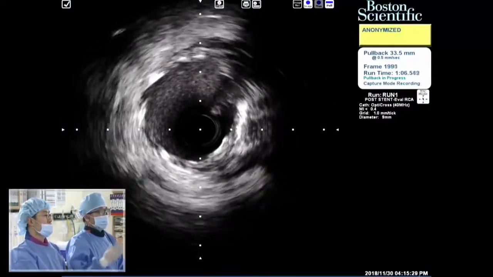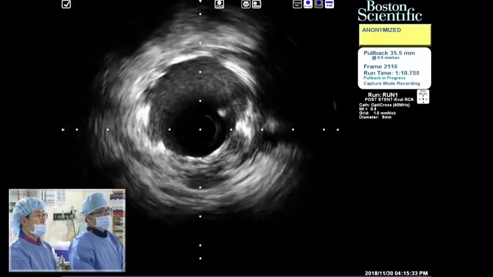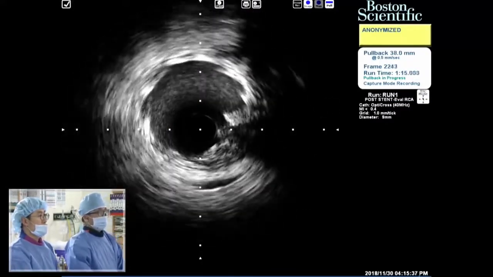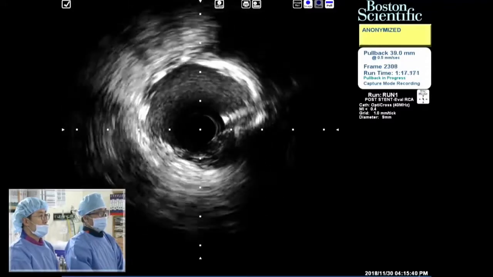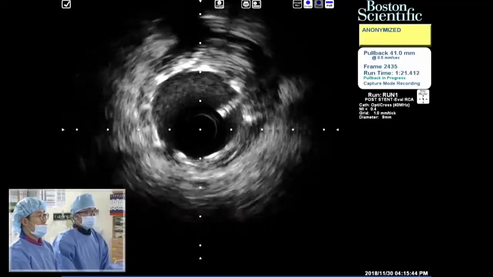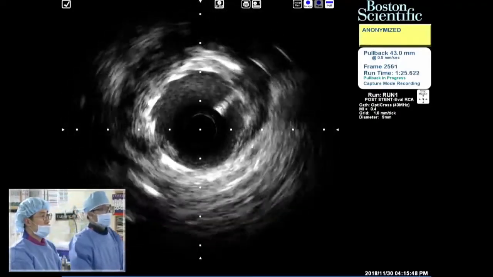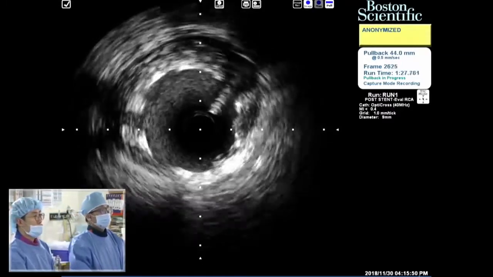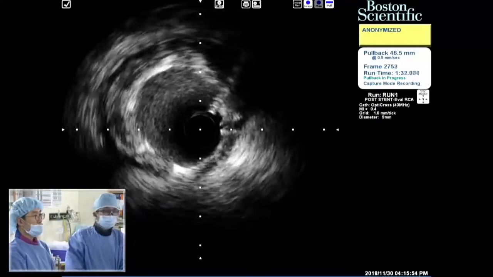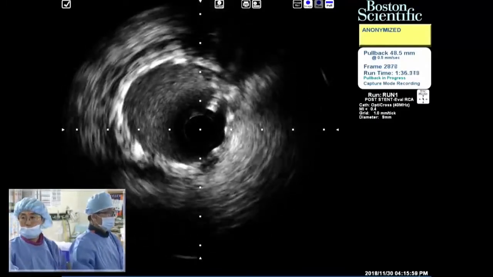You can see some eccentric plaque with calcification here. So definitely we need a non-compliant balloon to do high pressure. What size? Well, I would like to use 3.5 first. Okay.